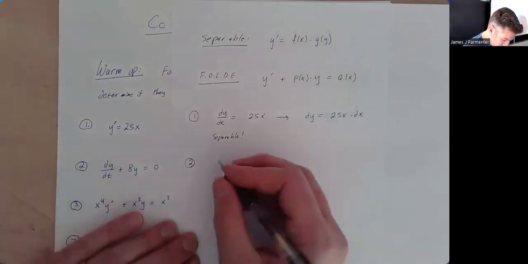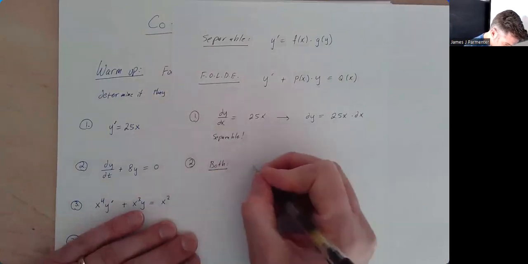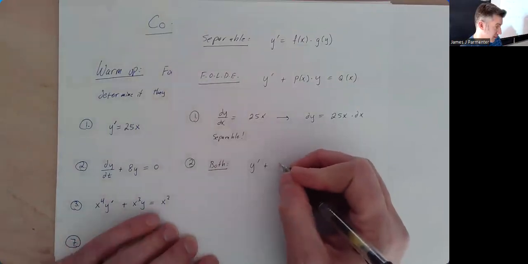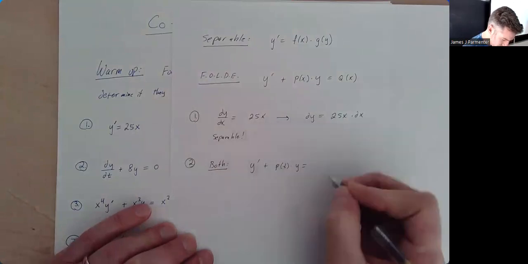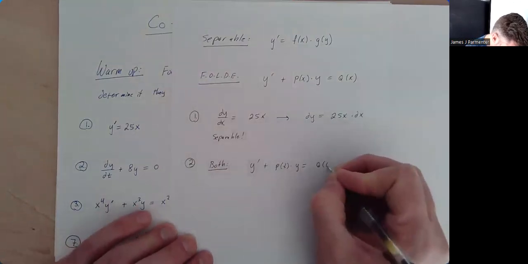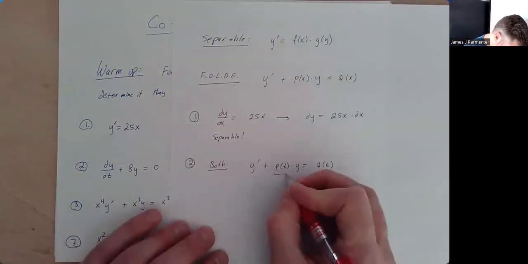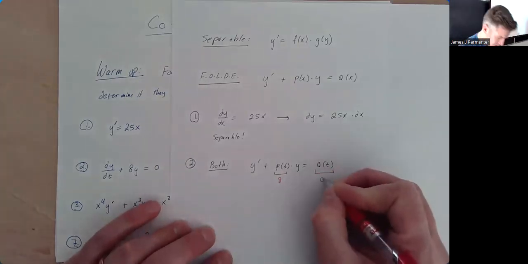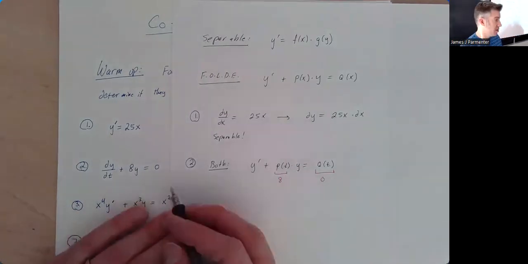So this one is actually both, because you can certainly write it as y prime plus p of t times y equal to q of t. It's just that in this case, our p of t happens to be 8, not very exciting, and our q of t happens to be 0, also not very exciting. But this certainly does qualify as being a first order linear differential equation. But we could also make it separable.